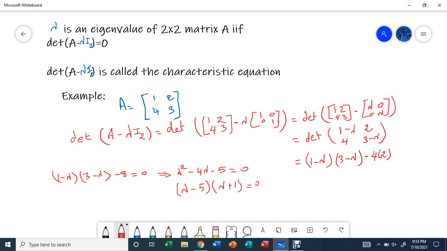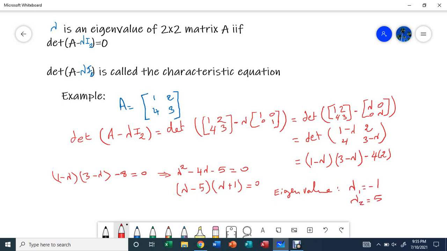So the eigenvalues of this matrix are lambda 1 equals -1 and lambda 2 equals 5.